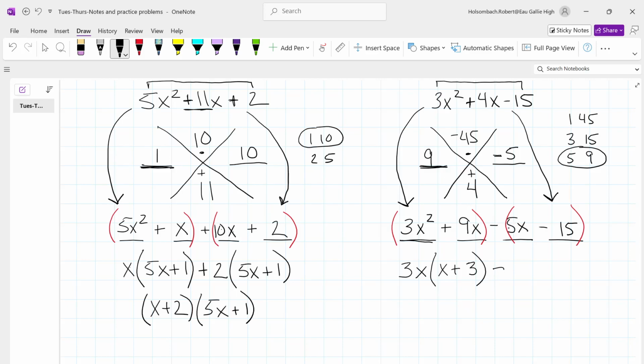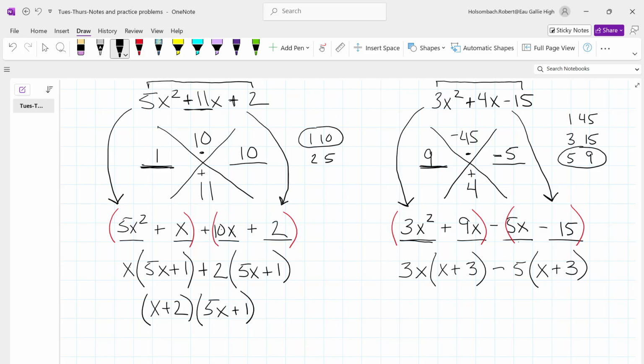Greatest common factor in 5x and 15, that's a 5. And then this -5 into 5x goes x times, and -5 into -15 is going to go positive 3 times.